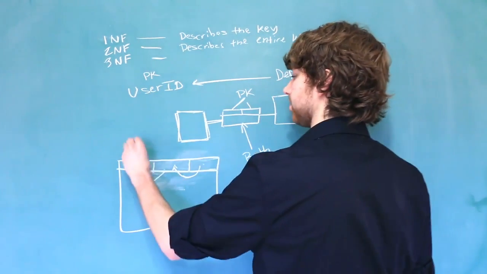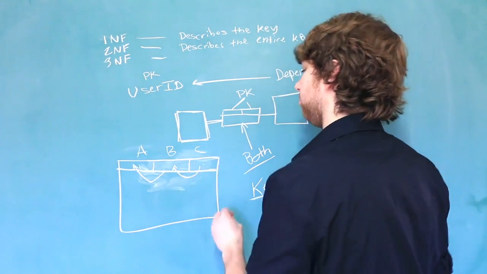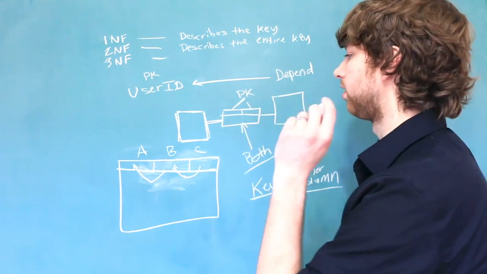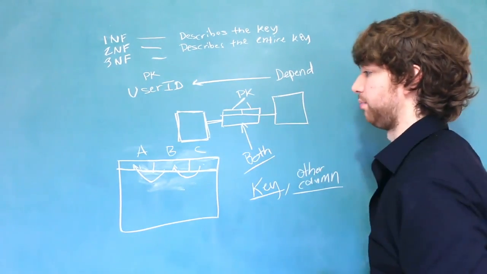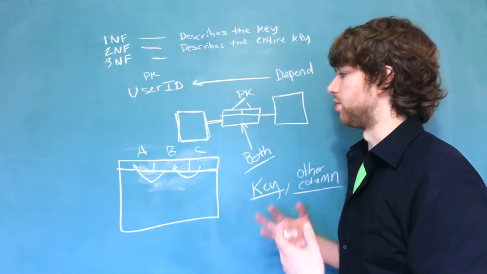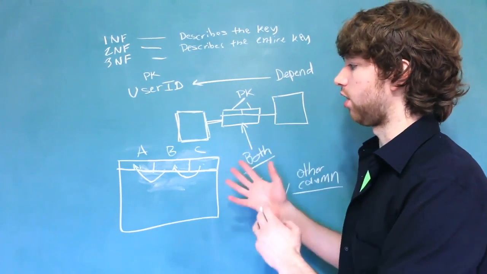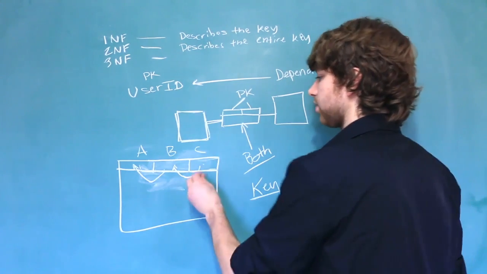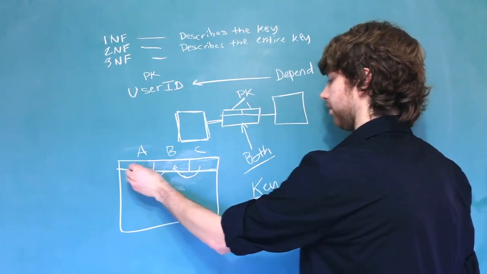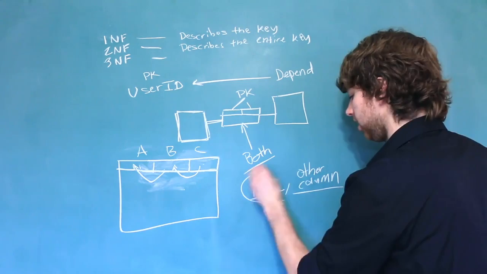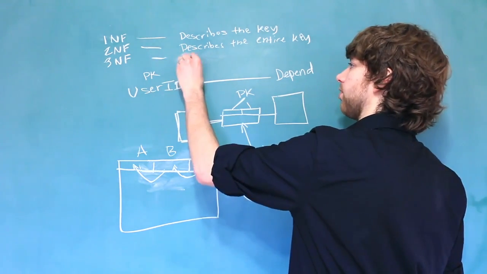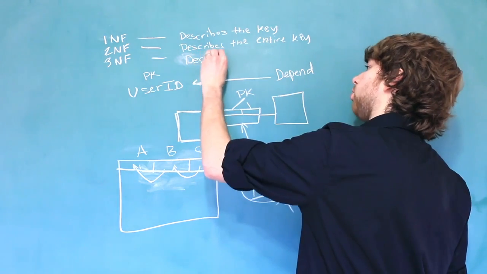If we had to label these A, B, C, we would say C depends on B and A. So third normal form gets rid of these transitive dependencies. Another way to word that though is to say that every column depends only on the primary key. So in this situation, C doesn't only depend on A. That's because it depends on the key and another column. So third normal form makes sure that every column describes only the key.